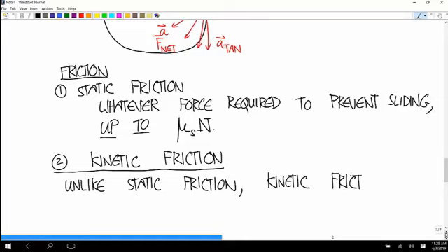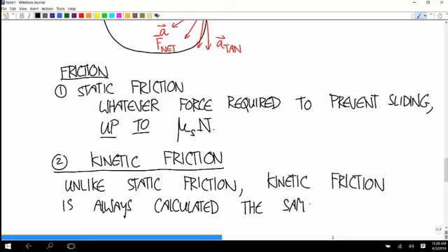There's no trying to figure out what force is required and then comparing it to an answer. Kinetic friction is always calculated the same way.